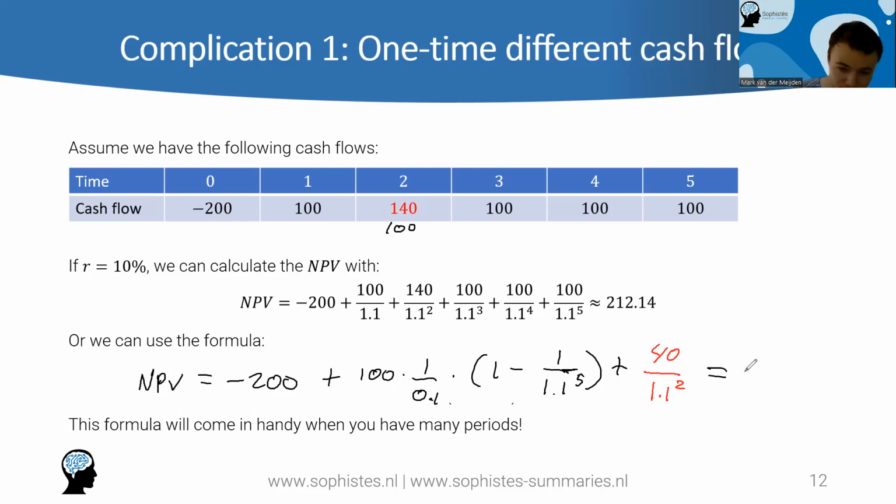Minus 200 plus 100 divided by 0.1 times 1 minus 1 divided by 1.1 with the power of 5.